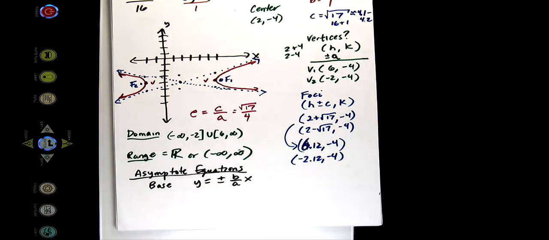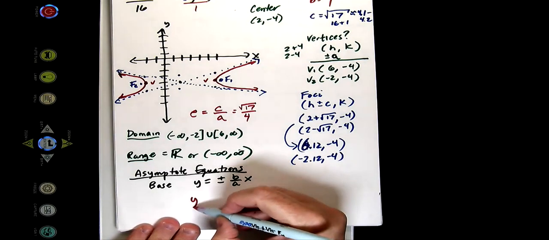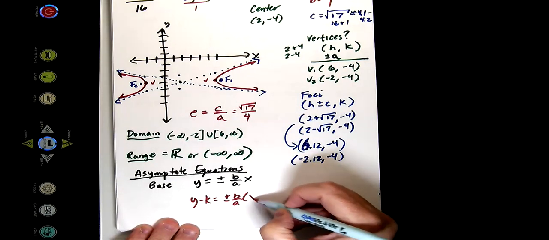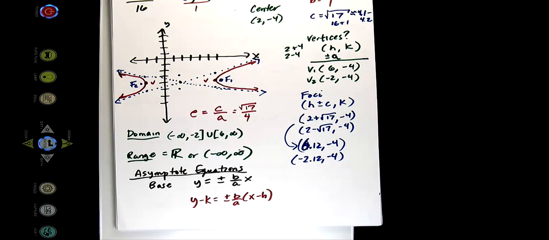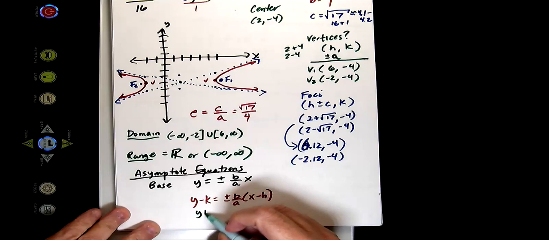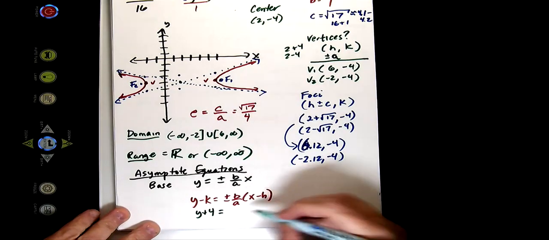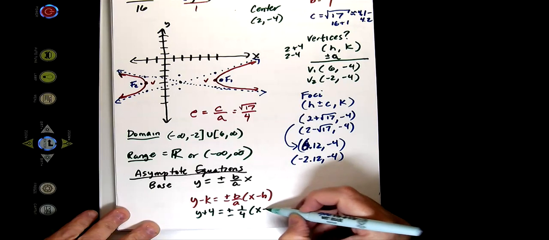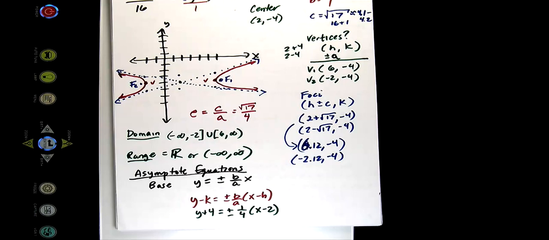When we shift to (h, k), these get shifted. y minus k equals plus or minus b over a times (x minus h). So for this problem, that is y plus 4 equals plus or minus 1/4 times (x minus 2). Those will be the equations of the asymptotes.